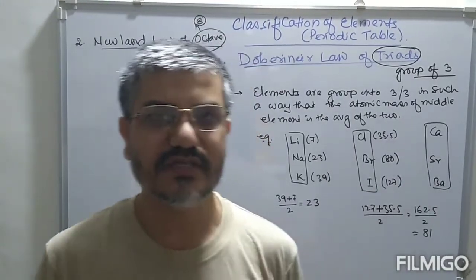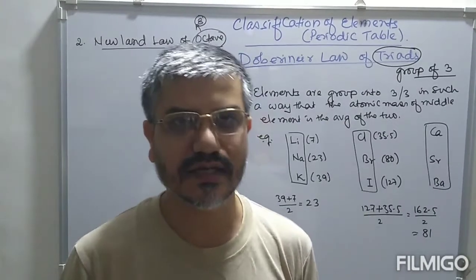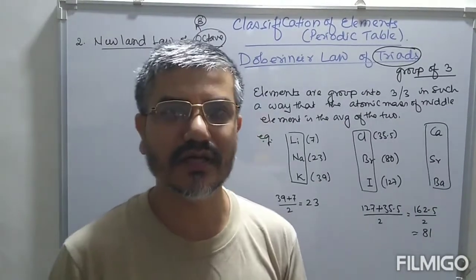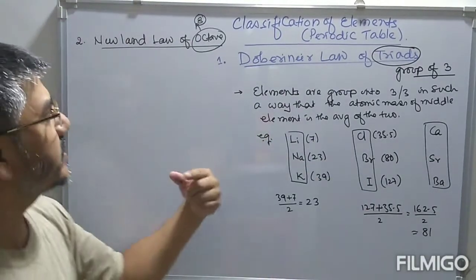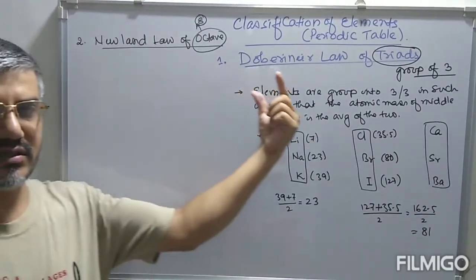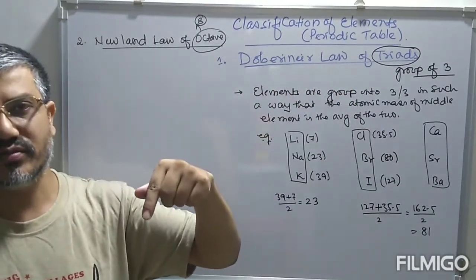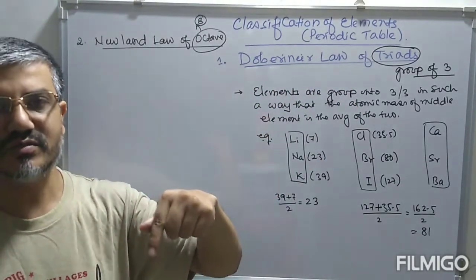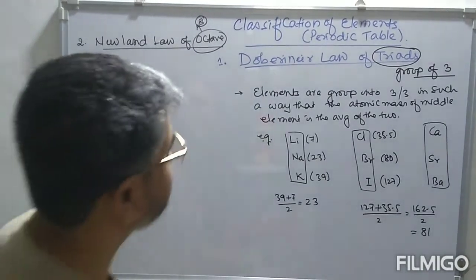This law of octaves is similar to the 8 musical notes: sa, re, ga, ma, pa, dha, ni, sa. So the 8th one again repeats here. In the same way, when elements are arranged in order of increasing atomic mass, every 8th element is found to have properties similar to that of the first element.